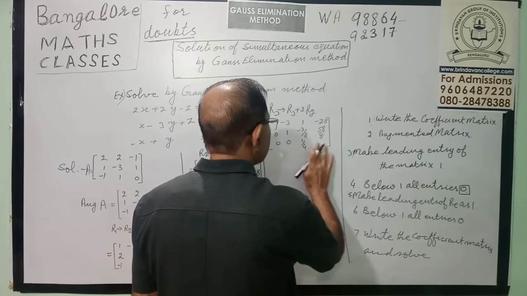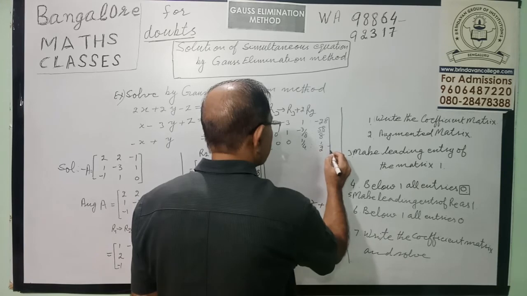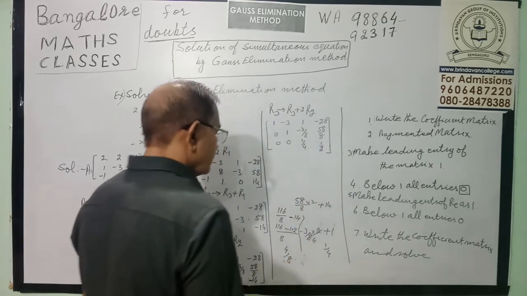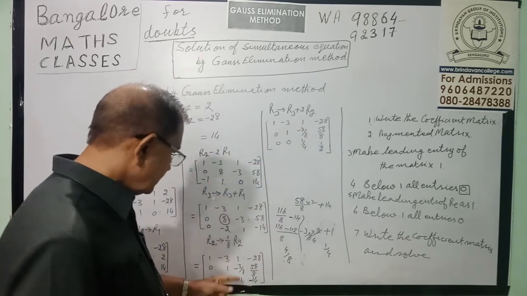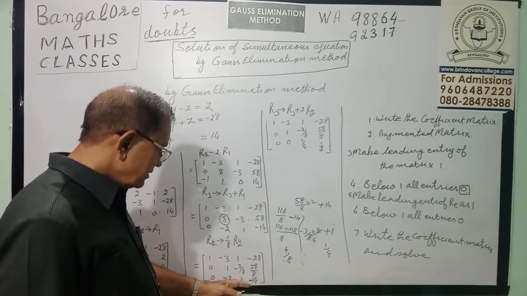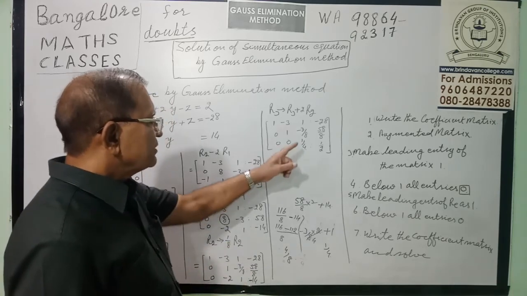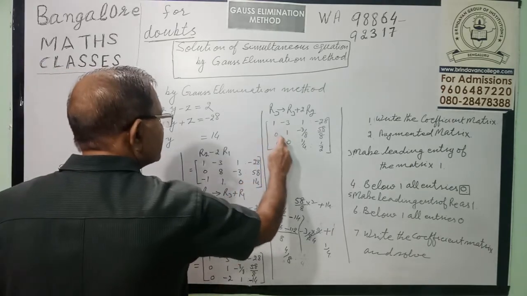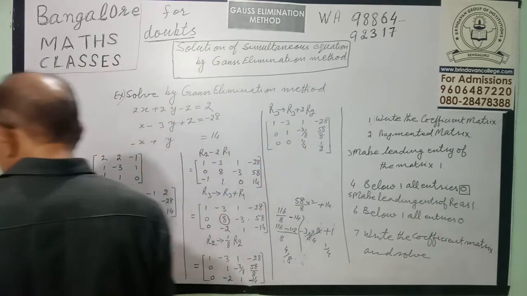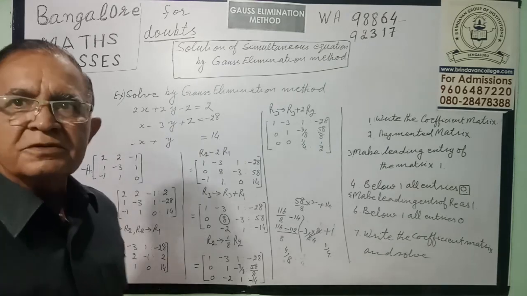Here it's coming out to be 1 by 2. When we go for double and add, here there is minus 14, not plus 14. So thus we will get it as 1 by 2. Now see, it's a triangular matrix now. So now write down the coefficient matrix and solve it.